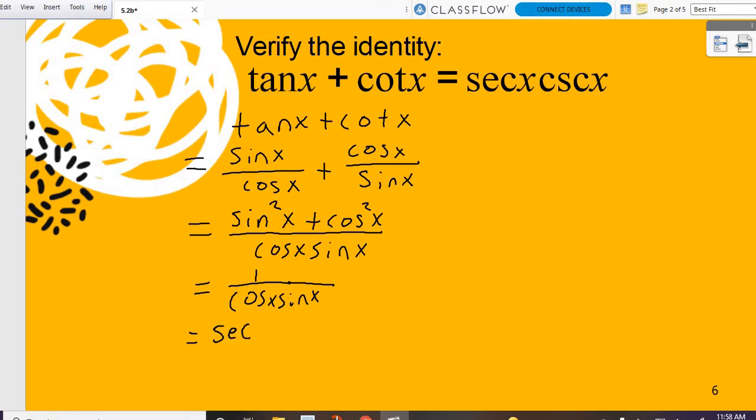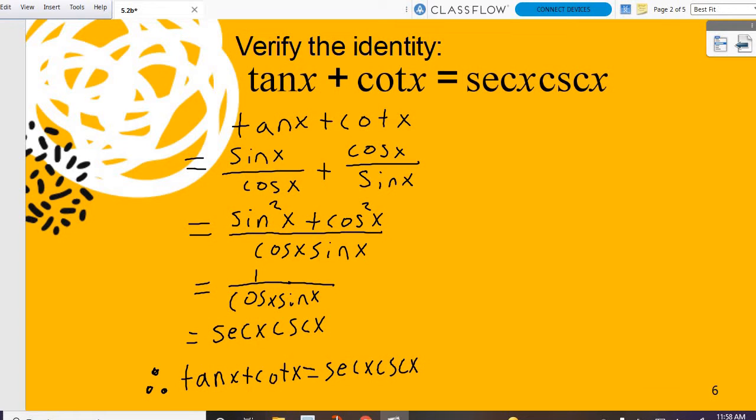Secant. What is 1 divided by sine? Cosecant. Is that what we wanted to end up with? Yeah. Yay. So then we can make our conclusion statement and say, therefore, tangent of x plus cotangent of x equals secant of x times cosecant of x.